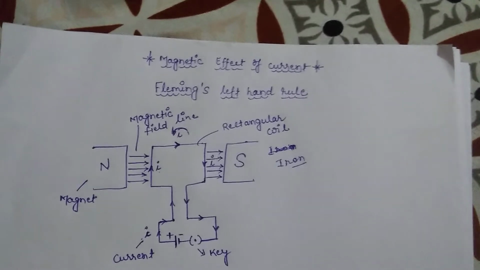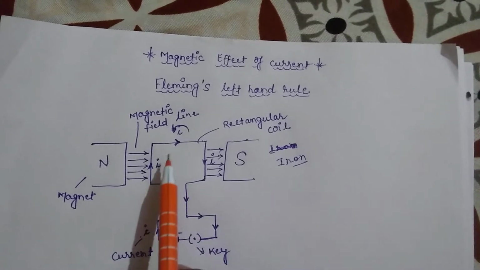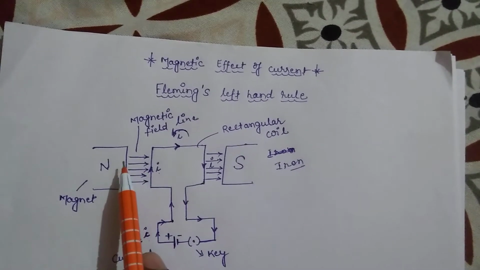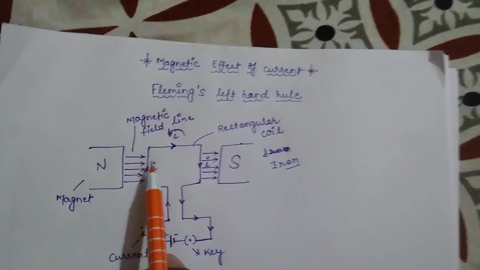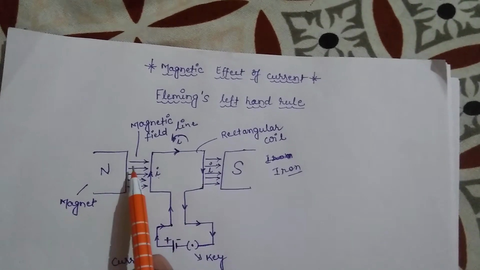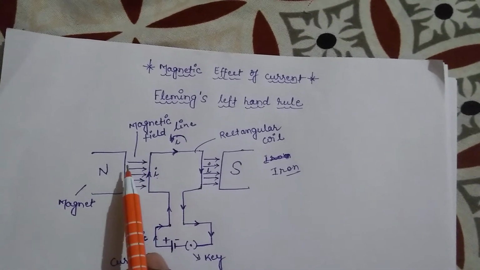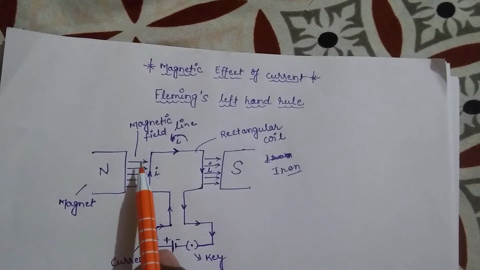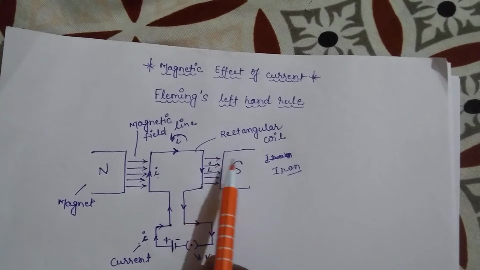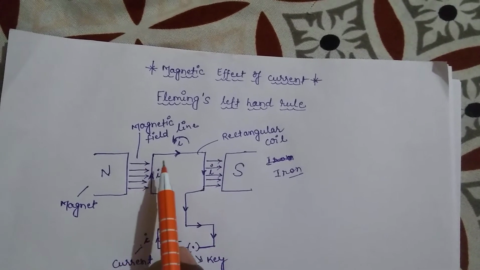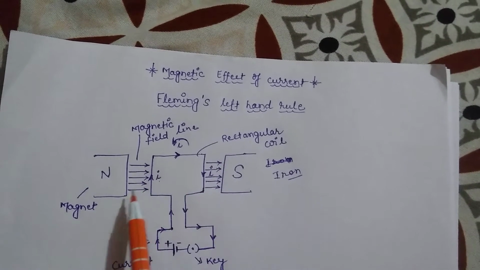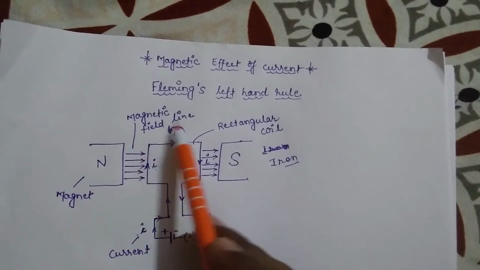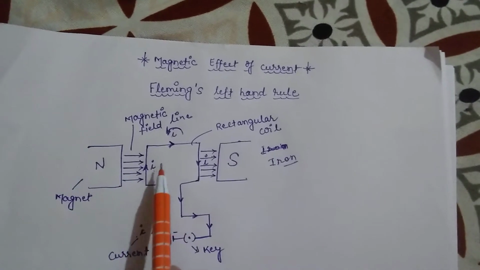In a magnet, the magnetic field line always comes from north and goes to south. So this is the direction of the magnetic field line, which I have written here.